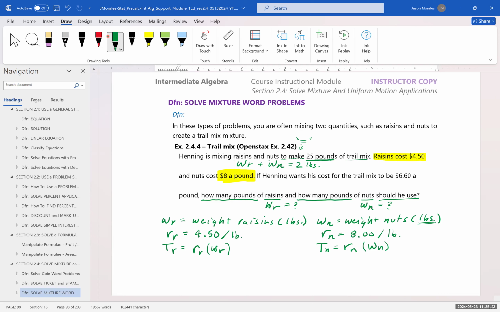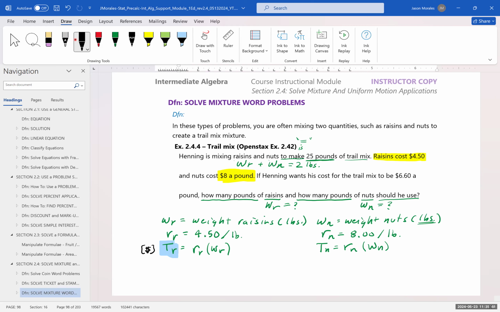Now, how do I know that this is going to be rate times weight? Again, it's the units that we're looking for with the total cost. The total cost for the raisins is going to be in dollars.